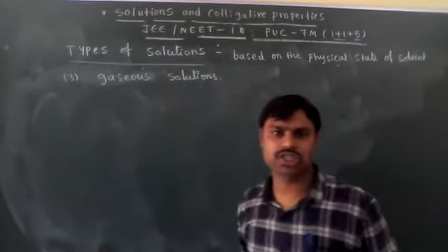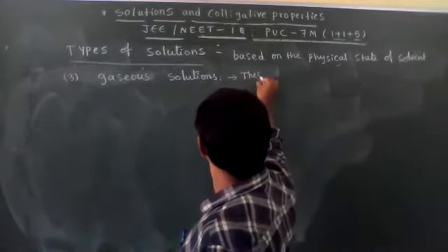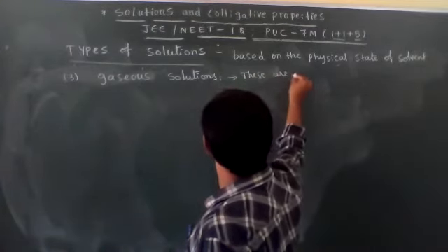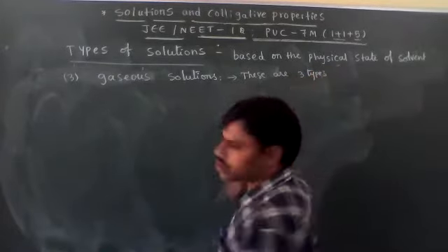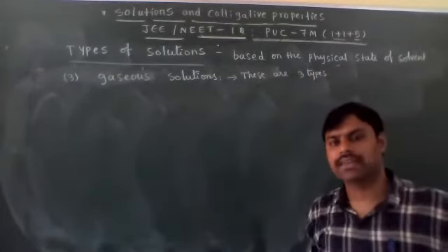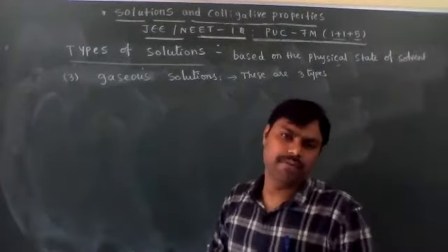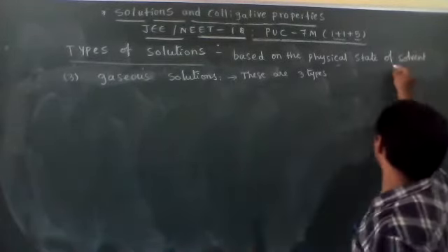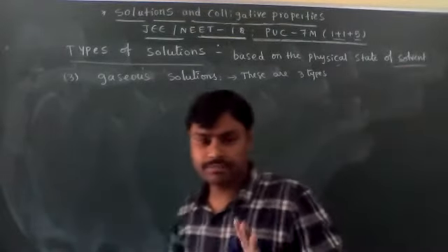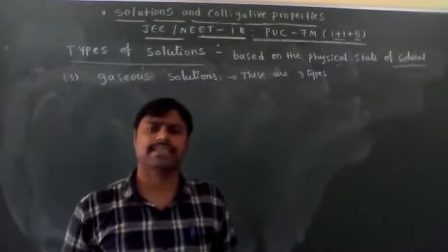Again, these gaseous solutions are divided into three types. Okay, students, in total there are 9 types of solutions, means subdivisions. But based on the physical state of solvent only, we mainly get 3 types: solid solutions, liquid solutions, and gaseous solutions.